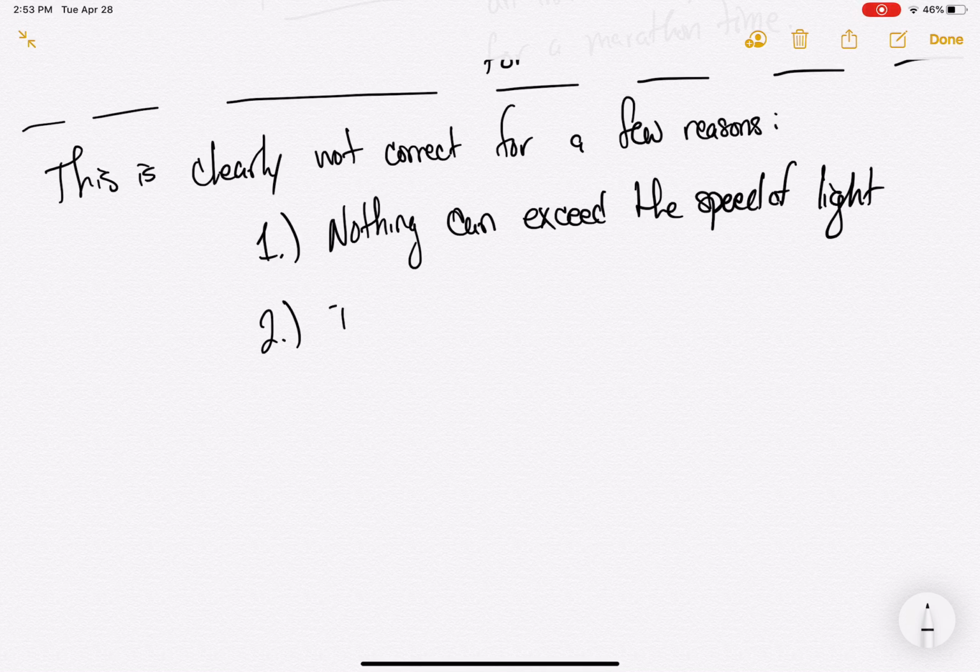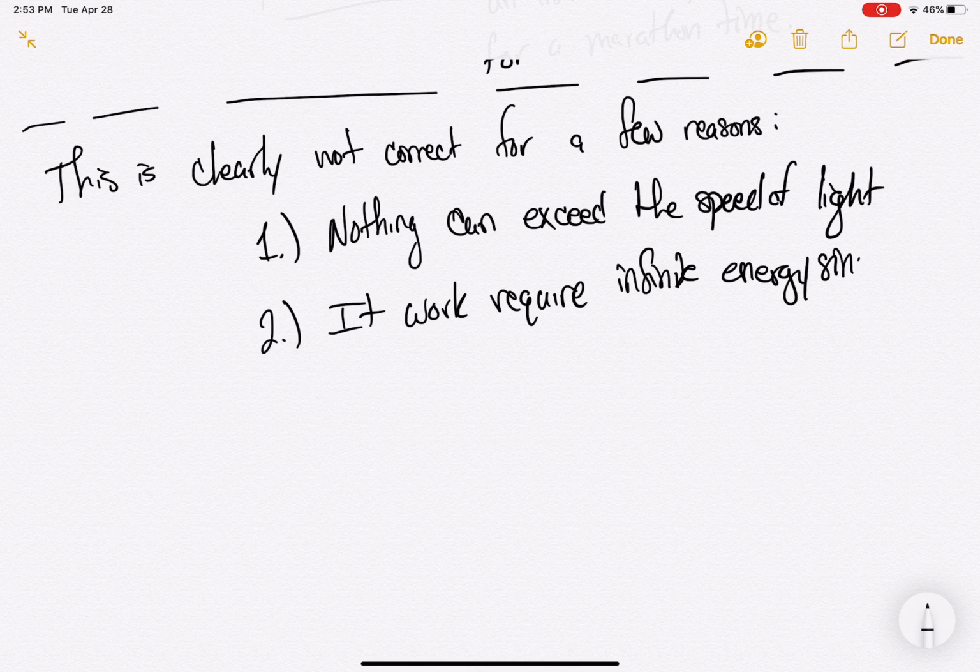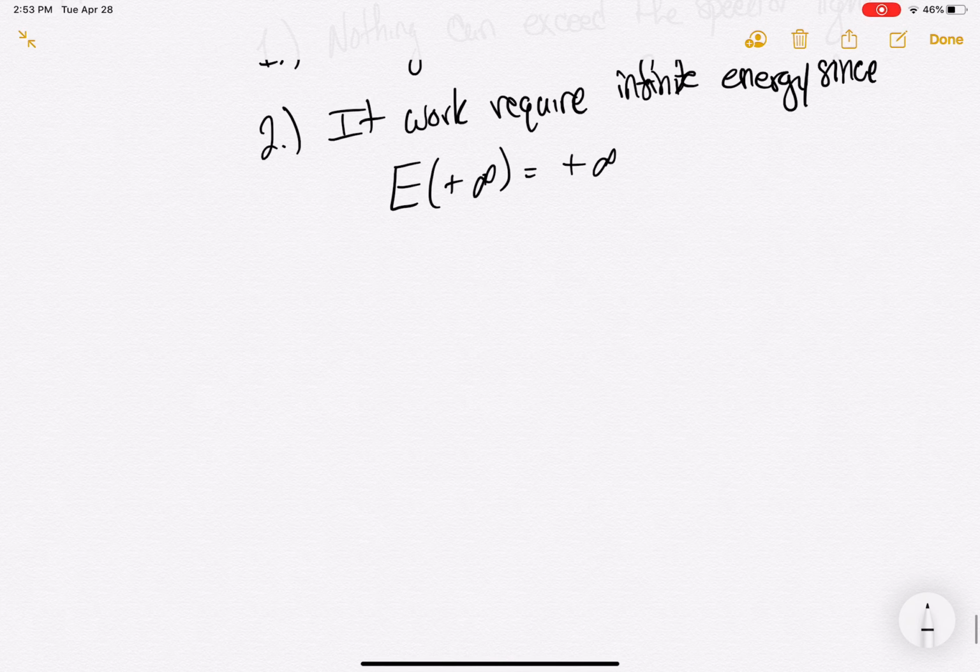Two, it would require infinite energy, since E of positive infinity is positive infinity, and we only have 2100 kcals.